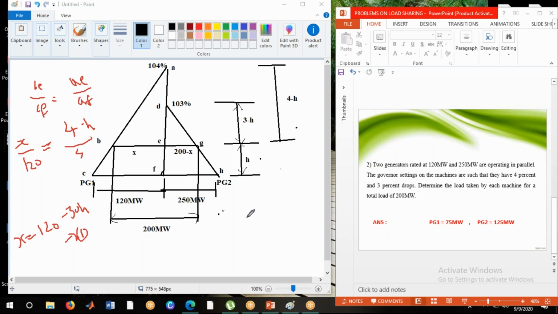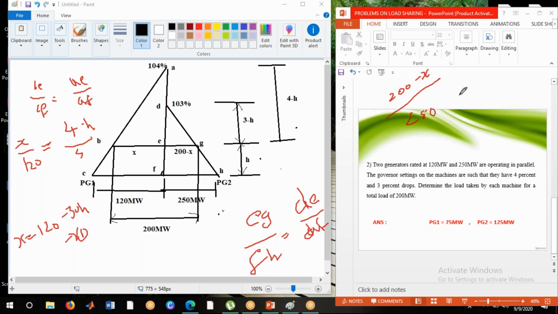For generator 2, we have EG divided by FH equals DE divided by DF. What is the value of EG? 200 minus X. What is the value of FH here? 250.